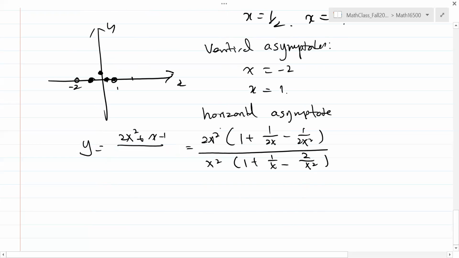So this 2 stays, and the other parts go to 0 as x approaches infinity, because 1 over 2x approaches 0. So those parts can be simplified. That means the horizontal asymptote is y equals 2. And I already showed you that proof.